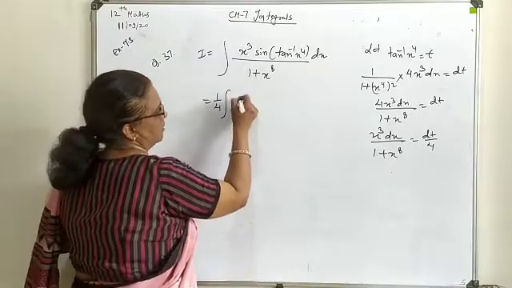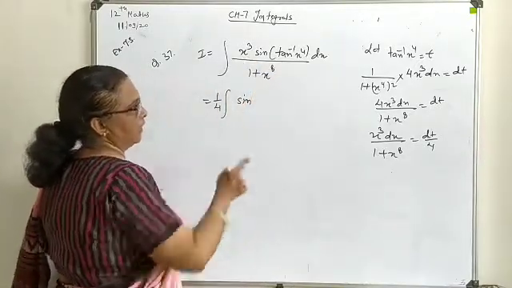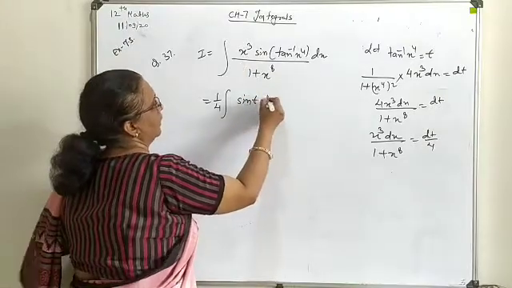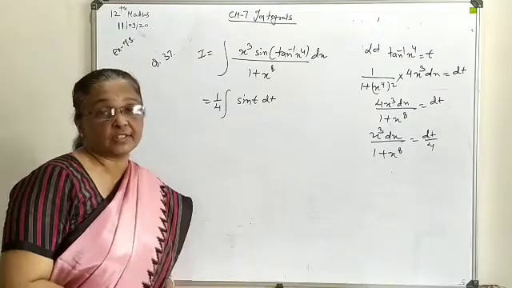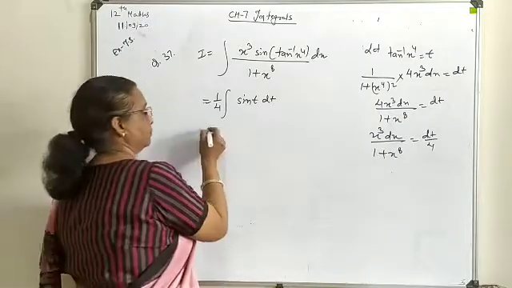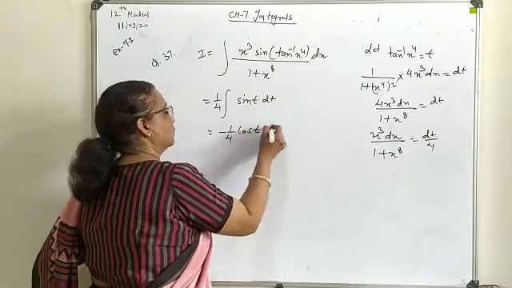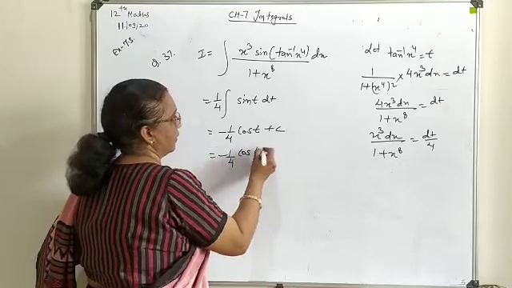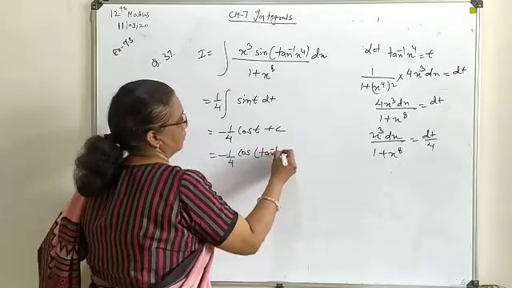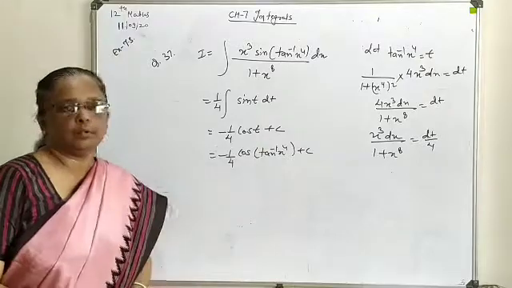This whole we have converted in the form of dt, so this is sine t only and dt. Now go for the integration. Integration of sine is minus cos t. Substitute t over here in terms of tangent. So this way this question can be handled.